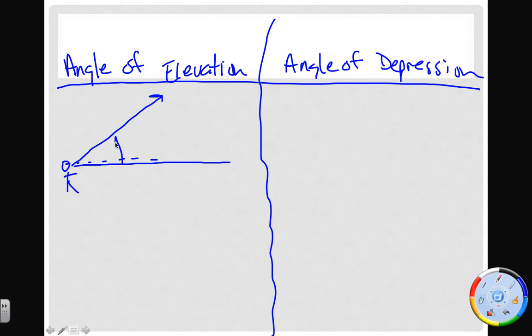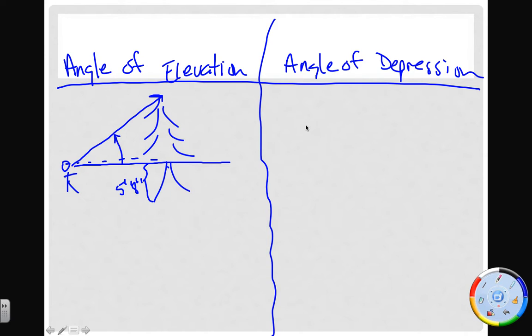We gave an example of eyesight looking up to the top of a tree, and we could figure out the height of that tree using an angle of elevation. And you got to know that that distance there was an extra 5 foot 8 inches. That was from the example we were talking about.